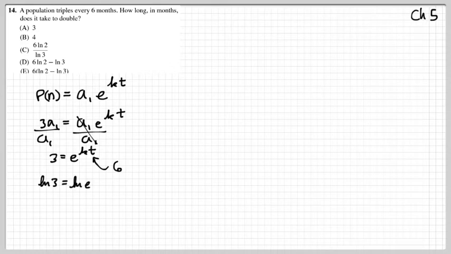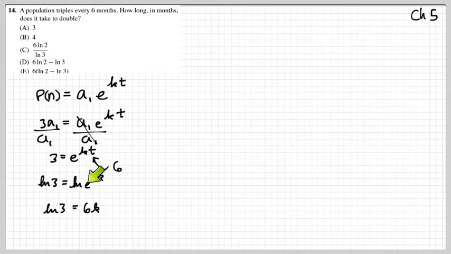So I'm going to take the natural log of both sides so I can get rid of the e. I have to get the k and the t out of the exponent. Natural log both sides, and that's what gets rid of this base e. And so I have natural log of 3 equals 6k. See, no more e.